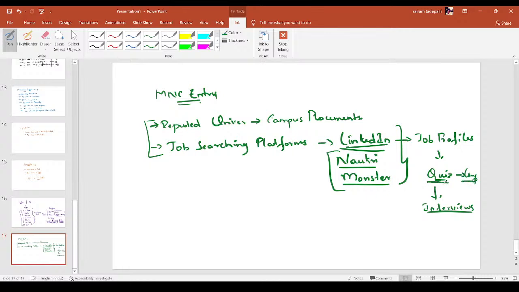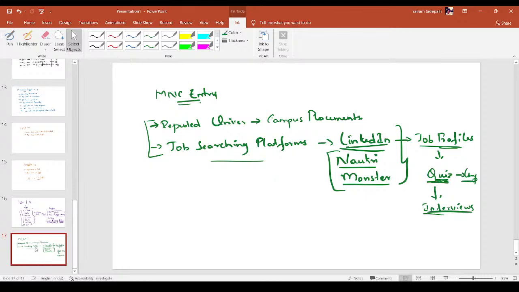It is very tough, but if you crack the certification programs we discussed till now perfectly, and get the certificate, then it will be easy for you to crack these quizzes in LinkedIn and get job interviews. So this is the procedure to get into corporates with these certification programs, as a cloud developer.